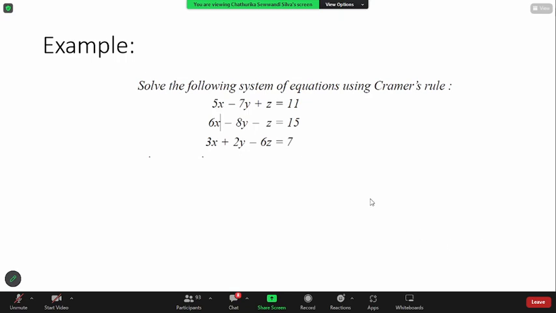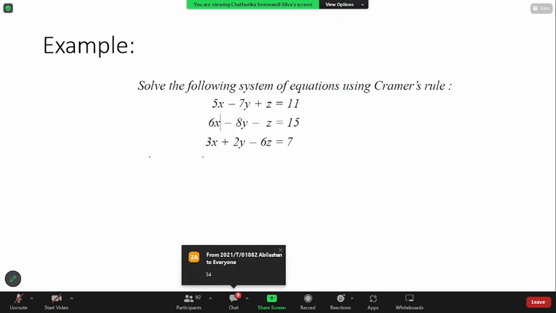What is the determinant of the original matrix, consisting of the coefficients of these three equations? I mean 5, 7, 1, 6, 8, 5 minus 7, 1, 6 minus 8 minus 1, 3, 2 minus 6. What is the determinant of that matrix? 34.